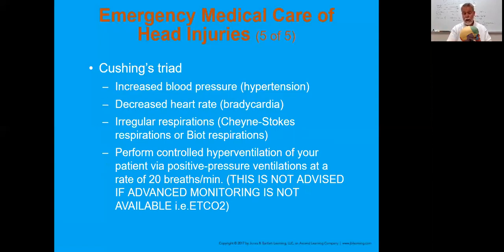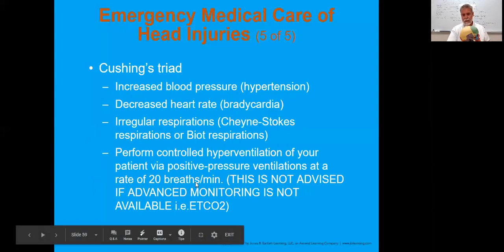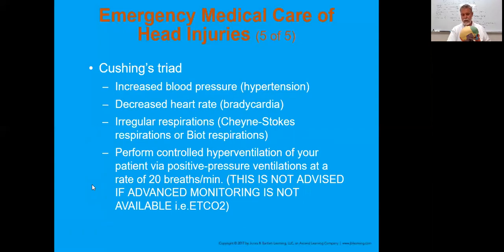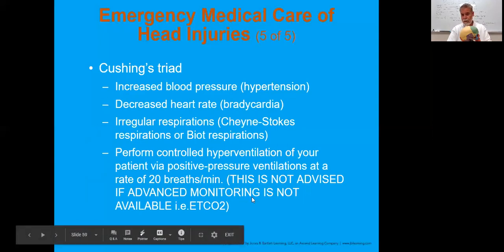Positive pressure at a rate of about 20 breaths a minute, right? Your typical breathing for trauma is 10 to 12 breaths a minute, right? It tells you not to exceed 12 breaths per minute. Then we've got this, not advised if the advanced monitoring is not available, example, end-tidal CO2. So again, if you don't have the end-tidal CO2, stick with your 10 to 12 breaths a minute.